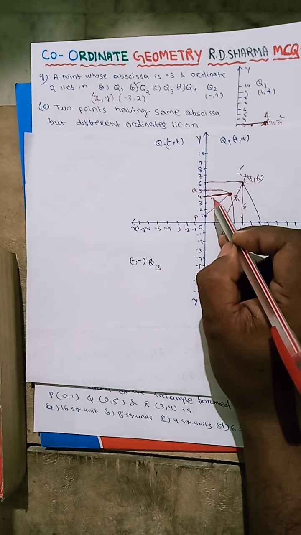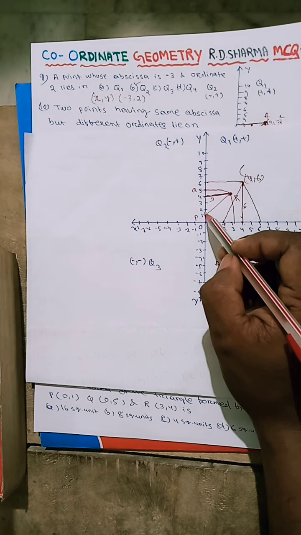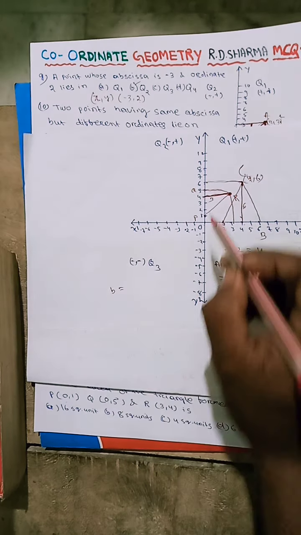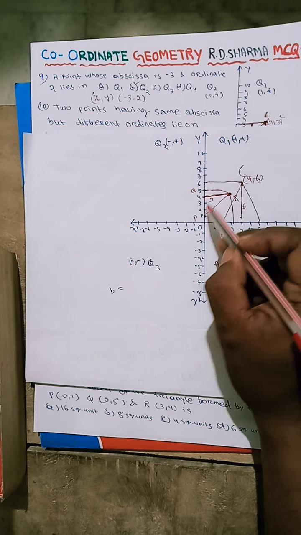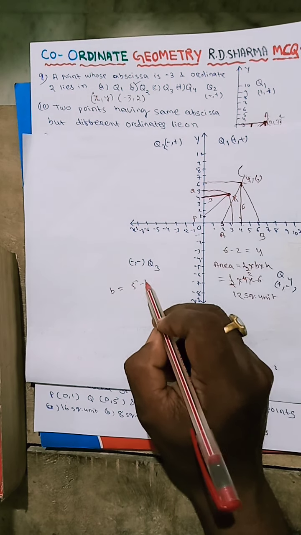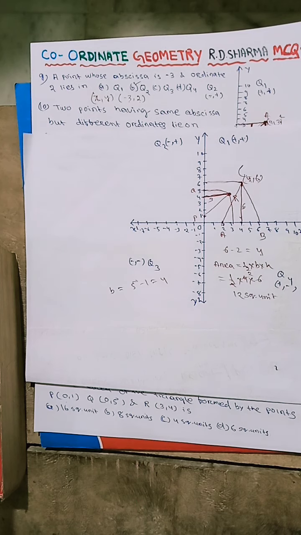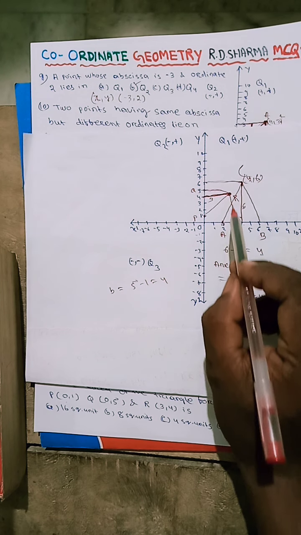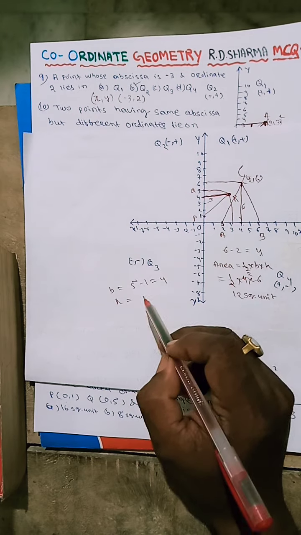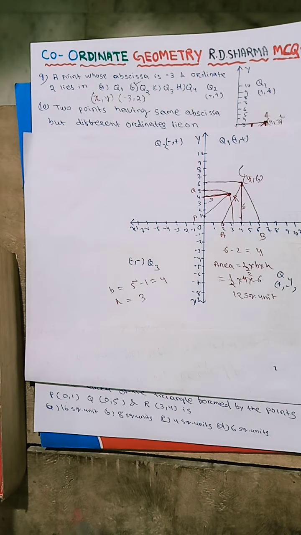So perpendicular is equal to 3. So base is equal to P (0, 1) to Q (0, 5). Base is equal to 5 minus 1 equal to 4. And the perpendicular height is h equal to 3.